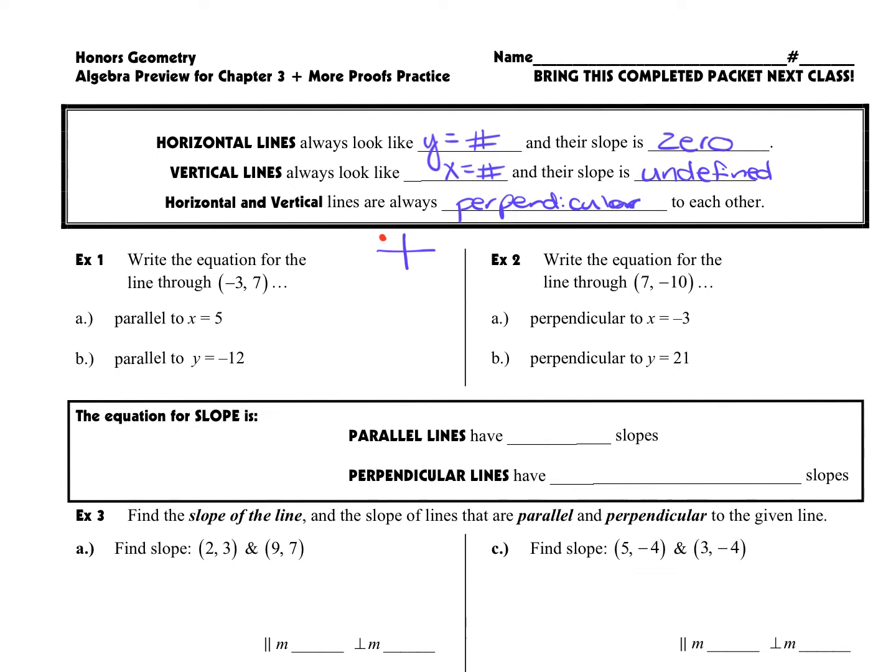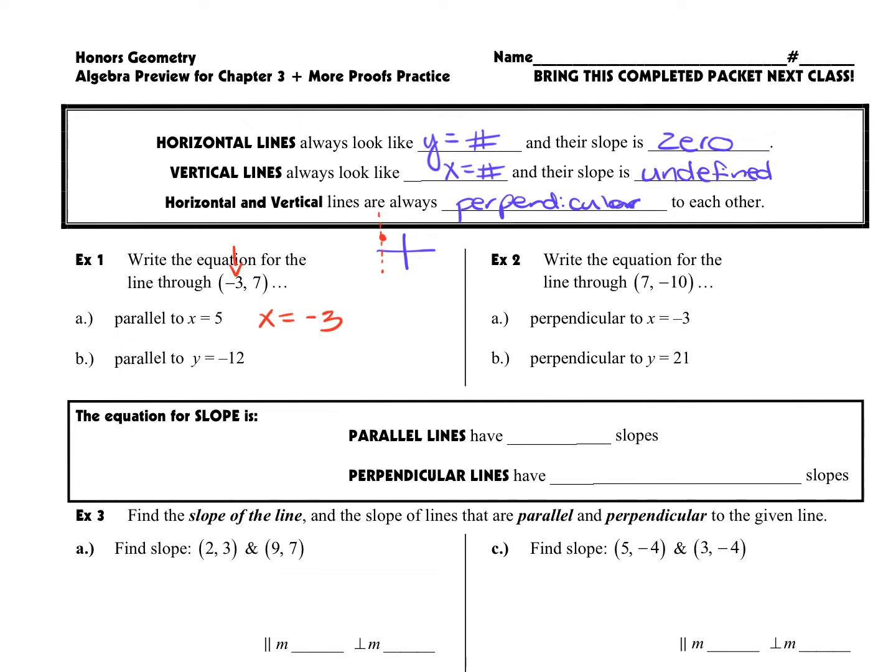Now, if we want to write the equation for a line that's going to be parallel to x equals 5, we know that x equals 5 from up here above is a vertical line. Well, parallel to that means that it's going to be another x equals equation. So if it's going to be an x equals in this nice vertical line, it's going to pass through that point, and it's going to pass through that x coordinate. So our equation would be x equals -3.